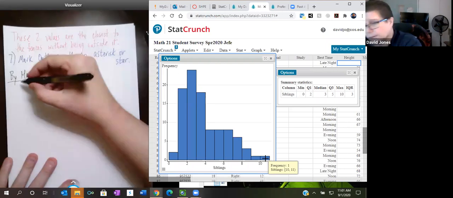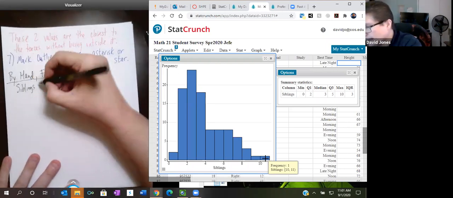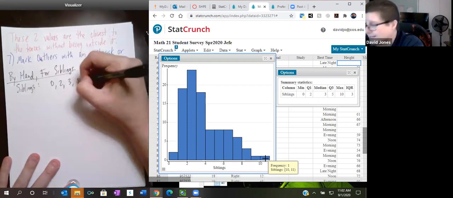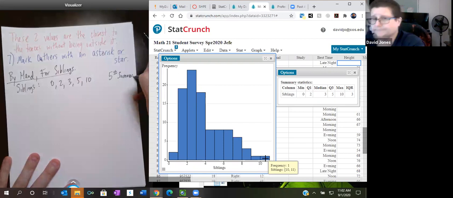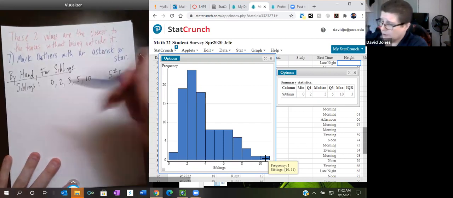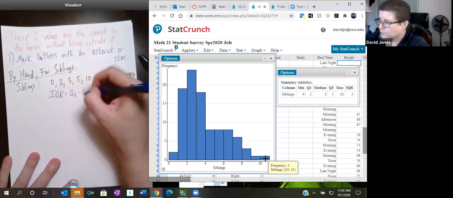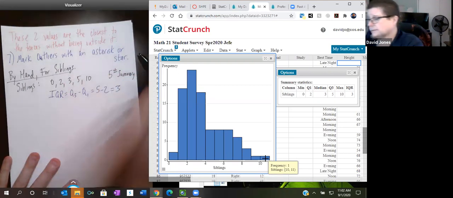And so I'm going to write down what we had. Siblings, we had 0, 2, 3, 5, 10 was our 5-number summary. The IQR is Q3 minus Q1, which is 5 minus 2, which equals 3.